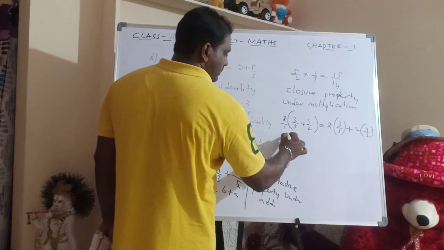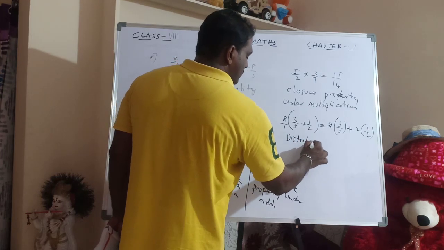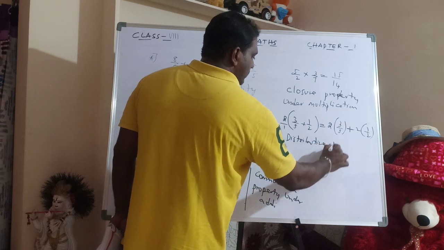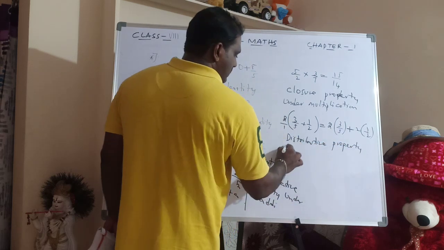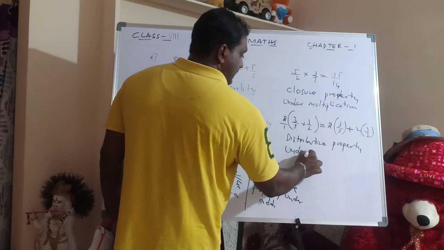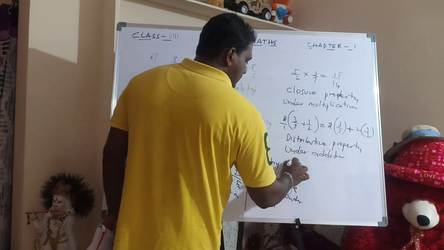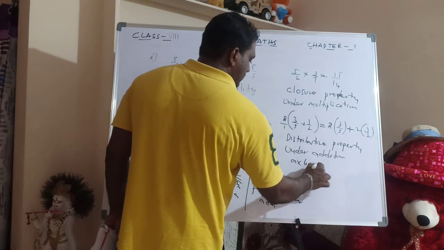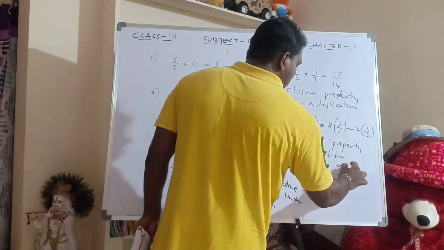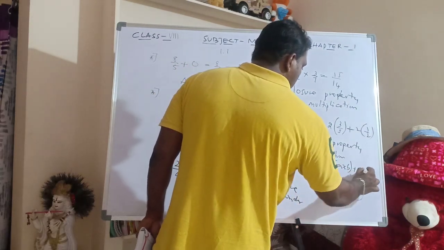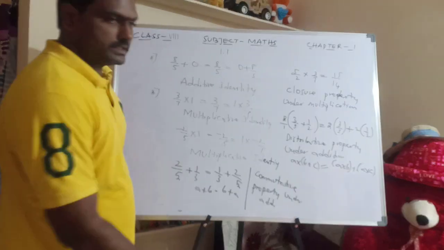So what is this property? Distributive property under addition. The formula is A into B plus C can be written as A into B plus A into C. This is the property used in this case.